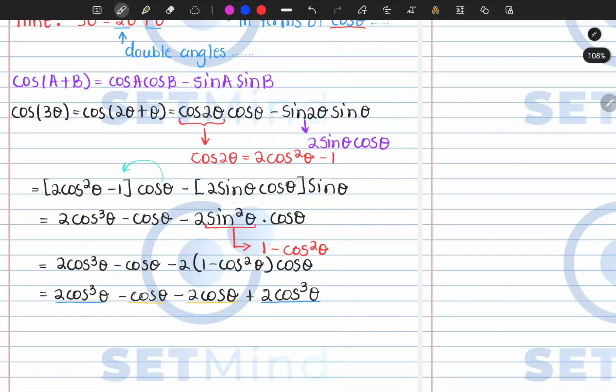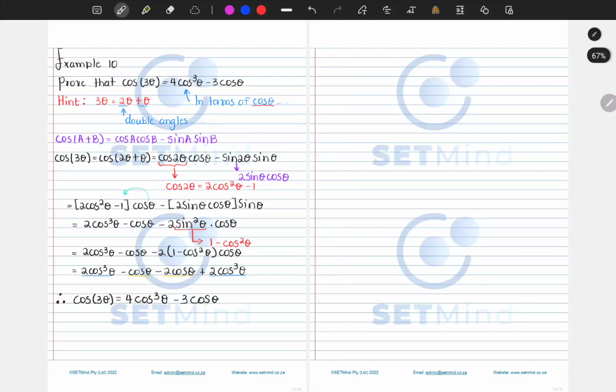So we should add those, so that you will see that our answer, cos of 3 theta. When you add the blues, it's a 2 by 2 that becomes 4 cos cubed theta minus the golds. It is 3 cos of theta. And that is exactly what they wanted us to show.